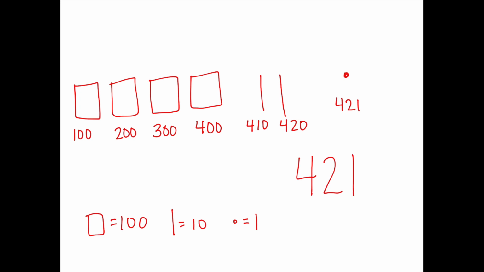All right, now let's look at a problem where this time we're going to be given the number first and we have to draw a picture to match. So let's say I have the number 537. I see in this number that I have 5 hundreds.